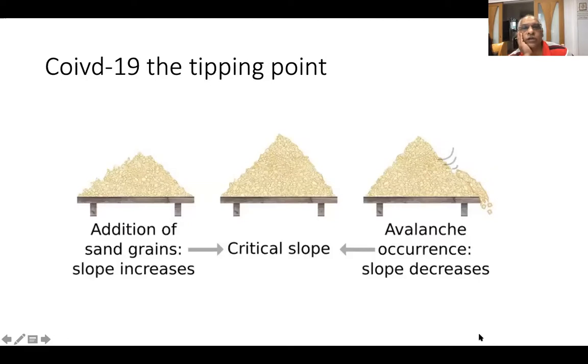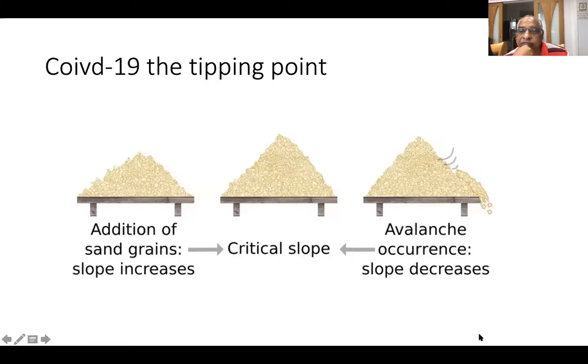But this is not a very good explanation. A better one is this idea: COVID-19 was a tipping point. This idea of the tipping point can be explained by these sand piles. If you keep adding to the sand pile, the slope keeps on increasing, and at a particular stage, a particular sand grain can make the whole sand pile collapse.